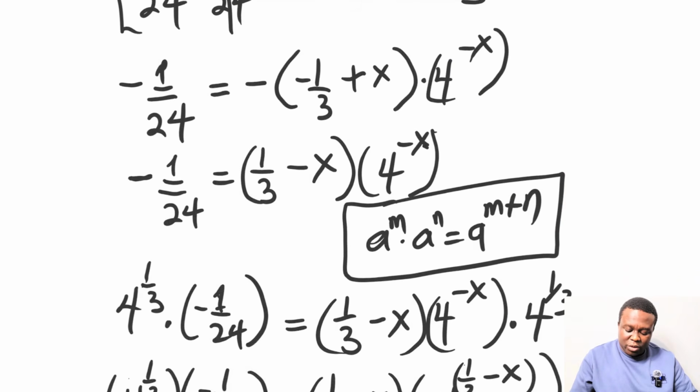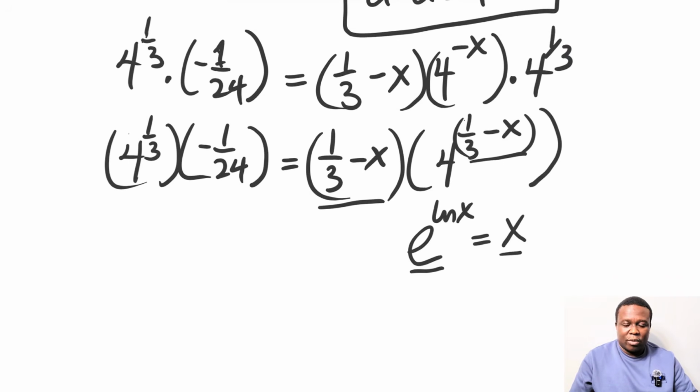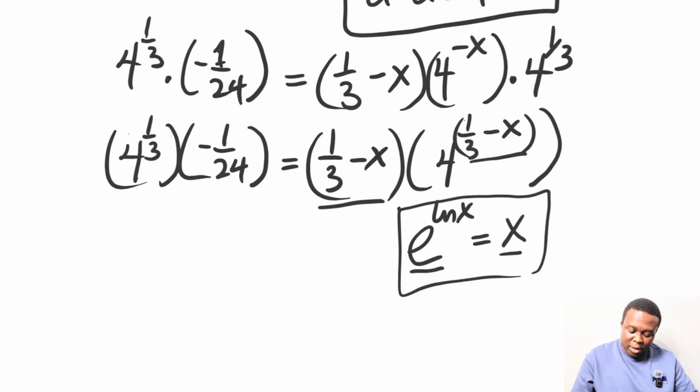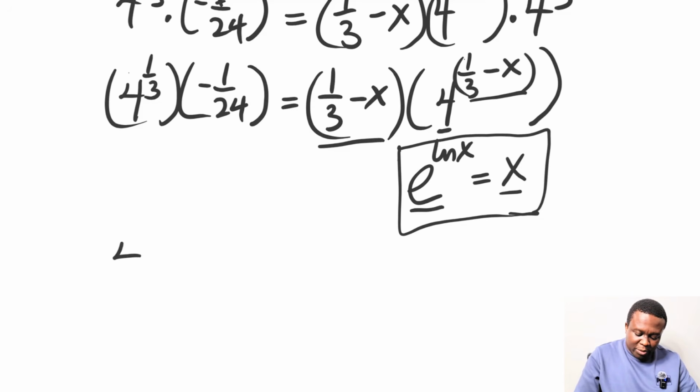So we have 1 over 3 minus x at the base and at the power. So now we need to get e involved as well. So using this formula, we're going to try to get e in by representing x with the number 4. All right. So let's carry on with this manipulation.